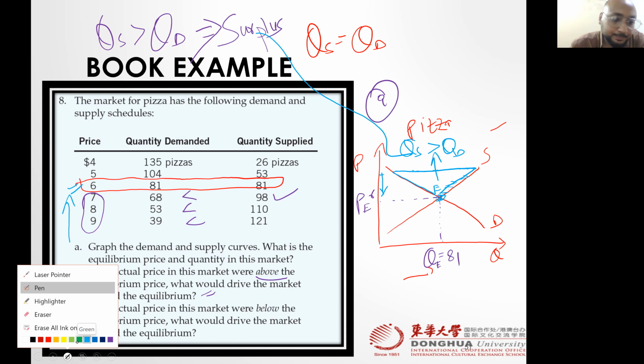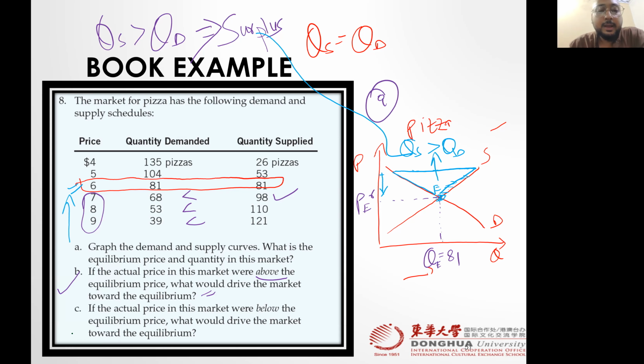Now part C is, if the actual price in the market is below the equilibrium price, this part. So what you see here, quantity demanded is greater than quantity supplied, right?